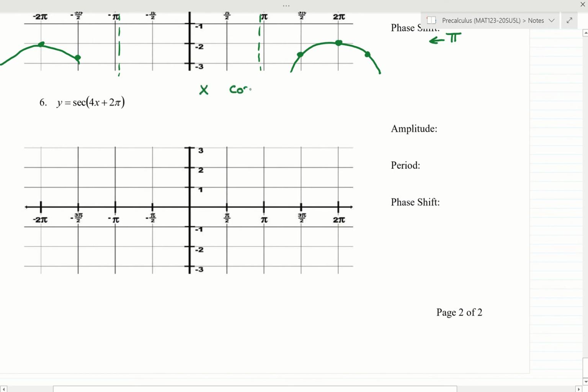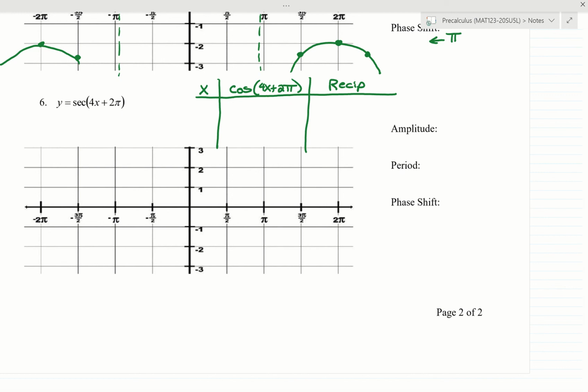We'll figure out what the cosine of 4x plus 2 pi is, and then we'll figure out the reciprocal. All right, so let's go ahead and get set up. And the amplitude, because it's not a wave graph, is going to be none.